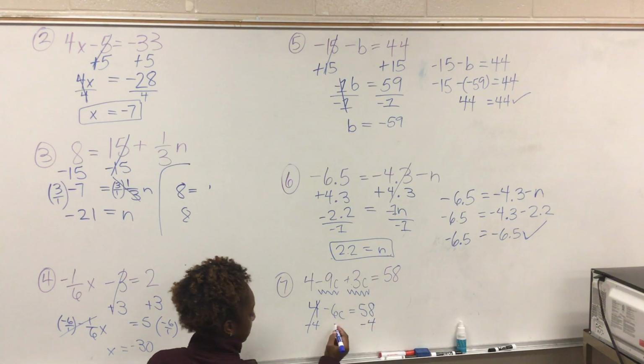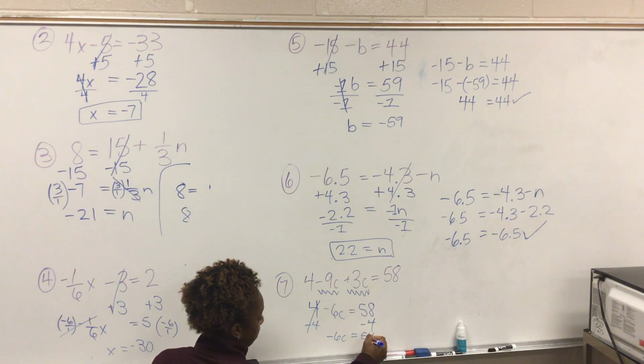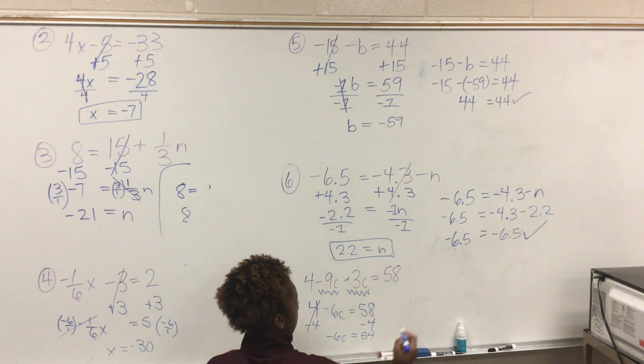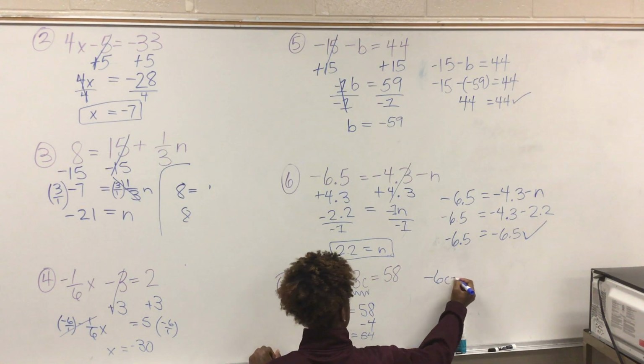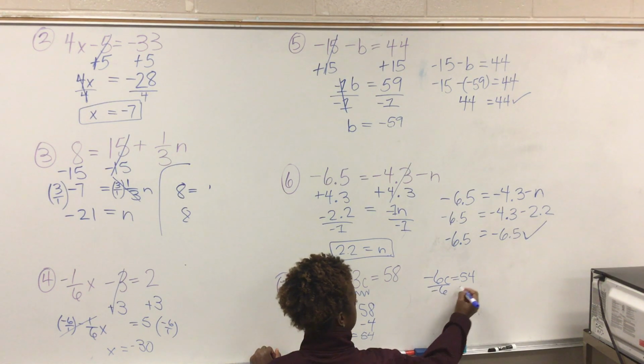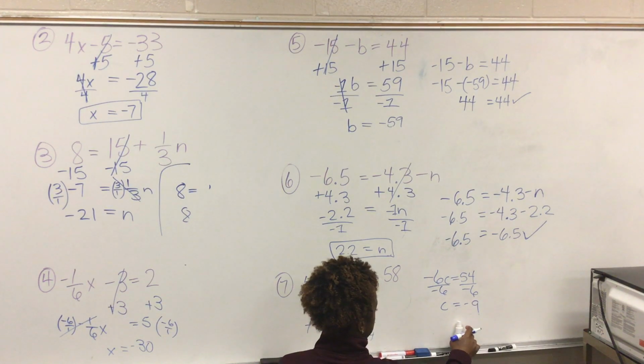Subtract 4 on both sides. So we get negative 6c equals 54. Alright, and I'm just going to bring it over here so you can see it. And if you divide both sides by negative 6, c equals negative 9.